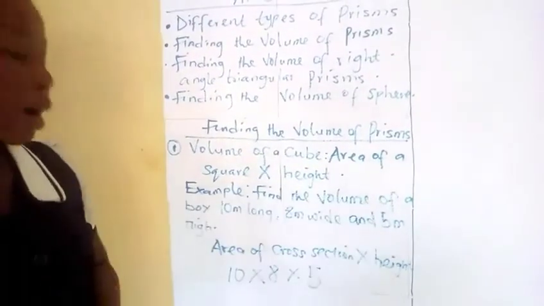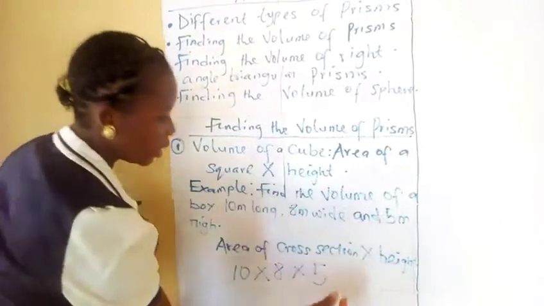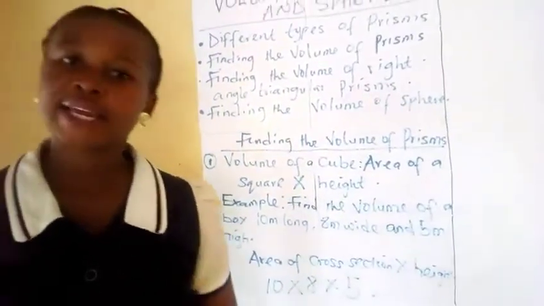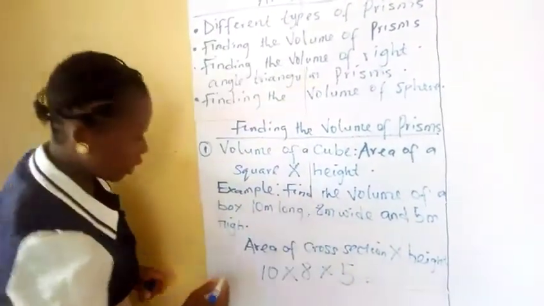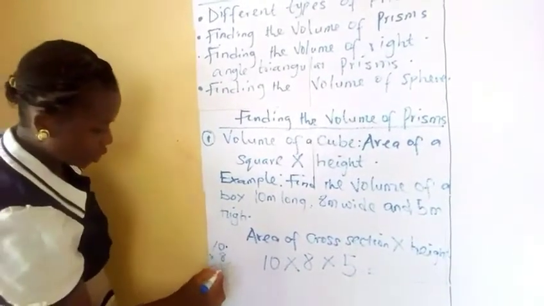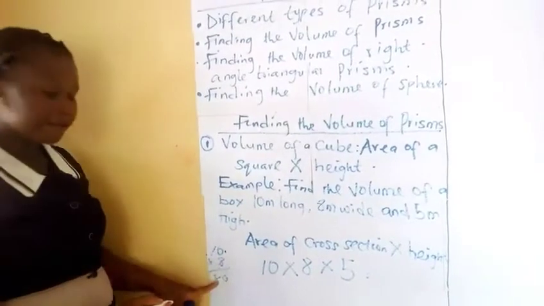Let's do our multiplication. That is why I say be with your counting paper. 10 times 8 is what? 80. Let me show you the working here. 8 times 0 is 0. 8 times 1 is 8. So we have 80.